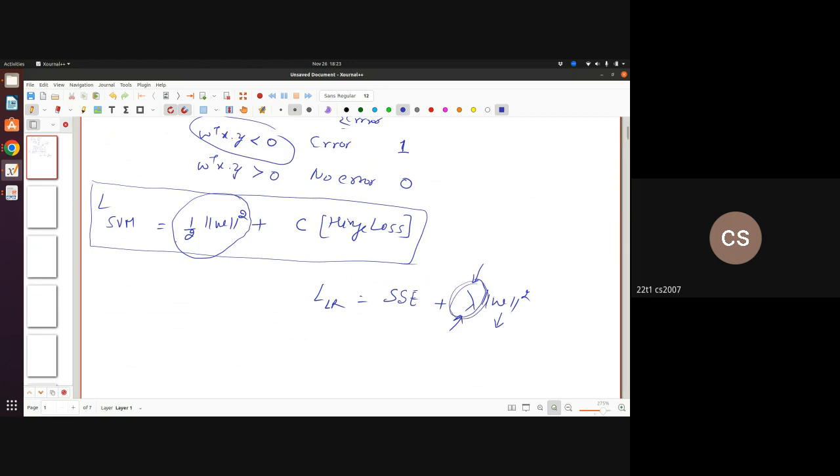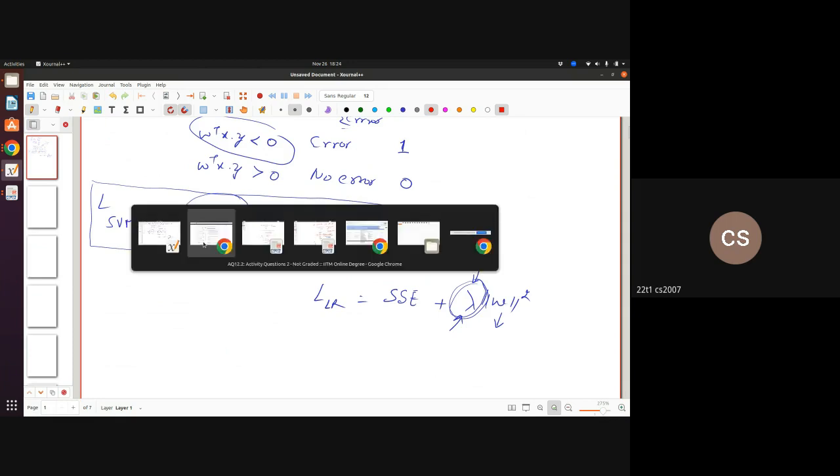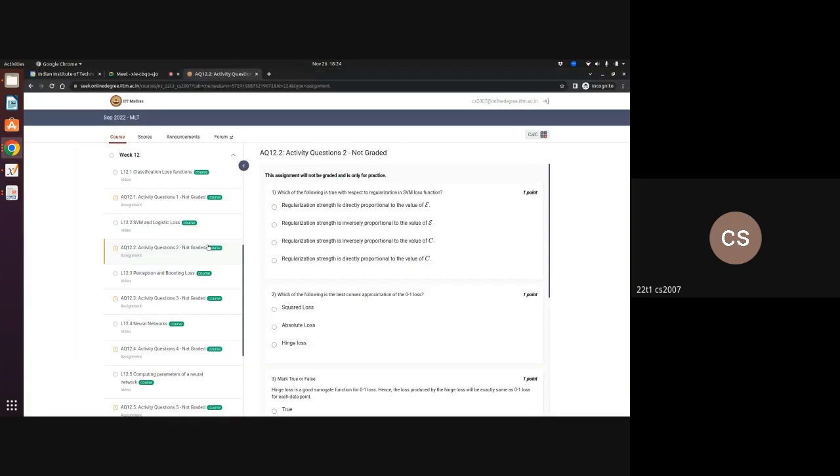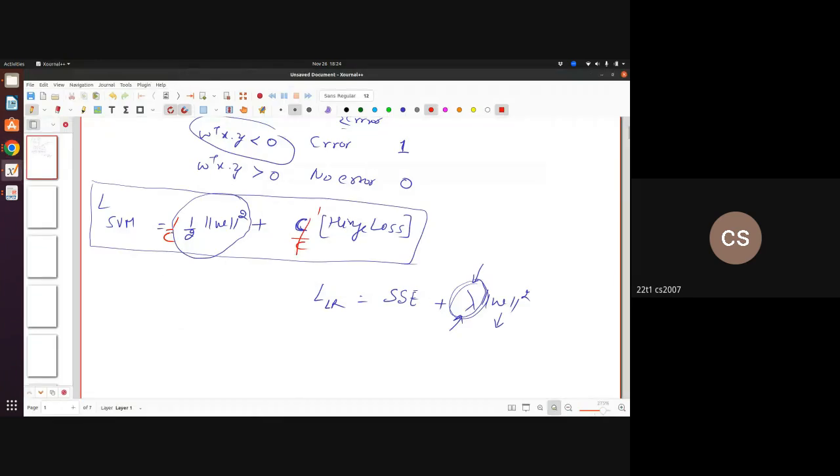Now here, this is the scenario. The C term is not here, but over here. Let's say I divide this by C. It will be something like this: this will become 1 and this will become 1 by C. Now, if you see the relation between regularization strength and C, when C is increased, what happens?